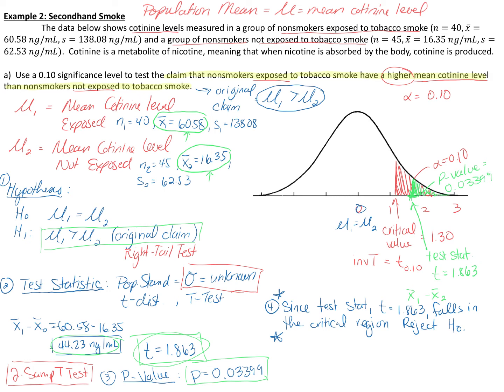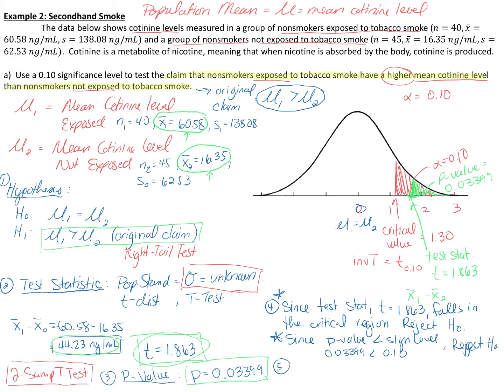So here we can see that the area shaded in green is smaller than the area shaded in red. And what this implies is that the probability of getting the difference in our sample data is very, very small compared to our significance level. So we can say here that since our p-value is less than our significance level, and we can see that 0.03399 is less than 0.10, we would also reject the null hypothesis.